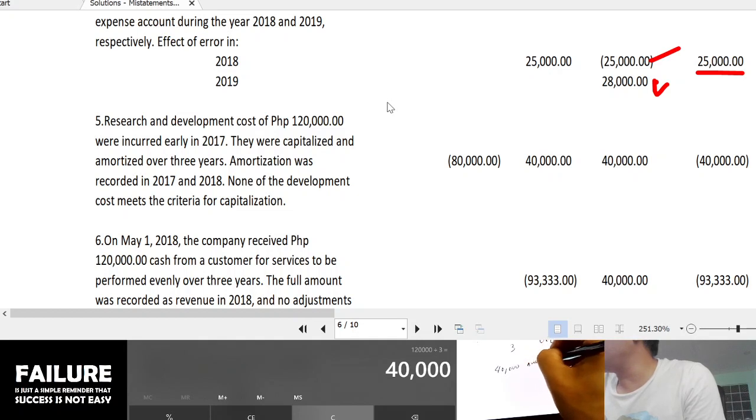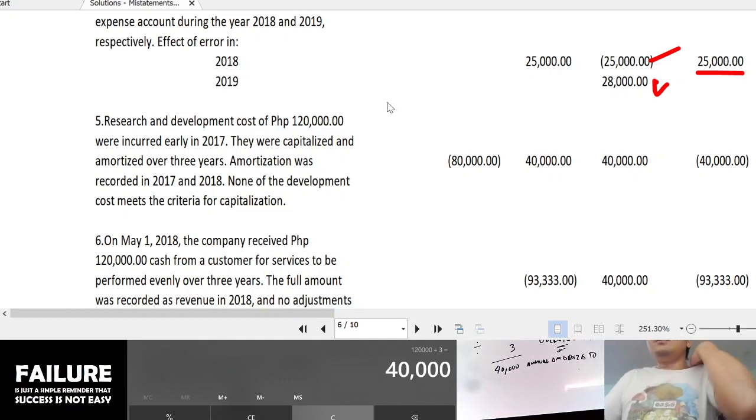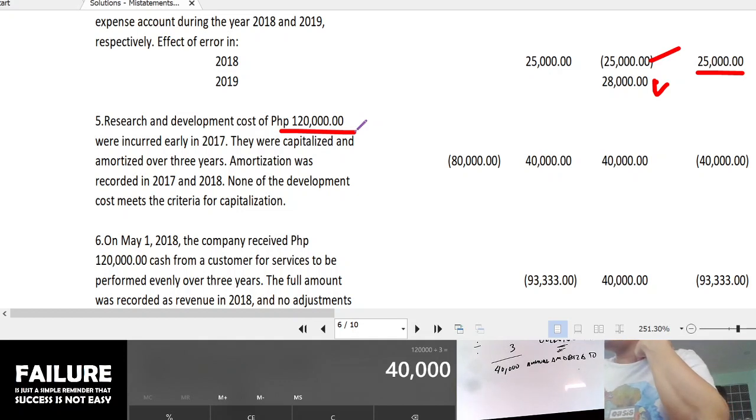Recognized annual amortization. So the point is, in 2017, because they recognized it as a capitalizable cost, nagkulang ang expense natin by 120,000.